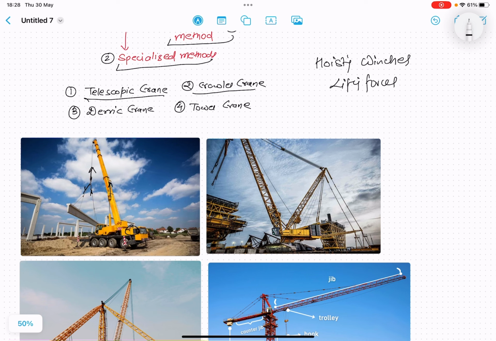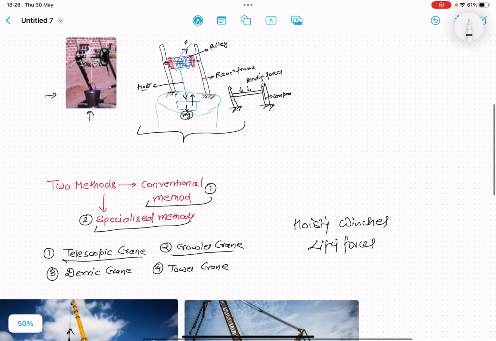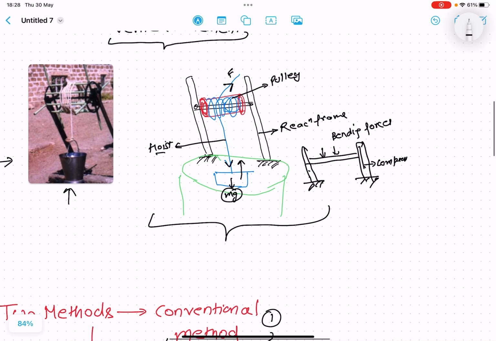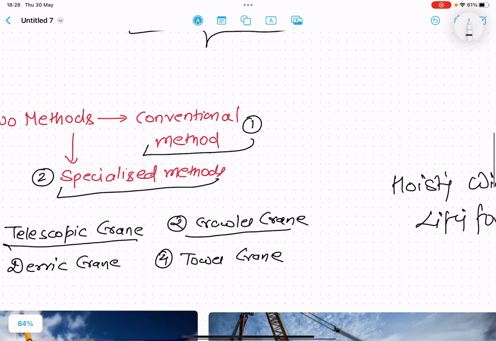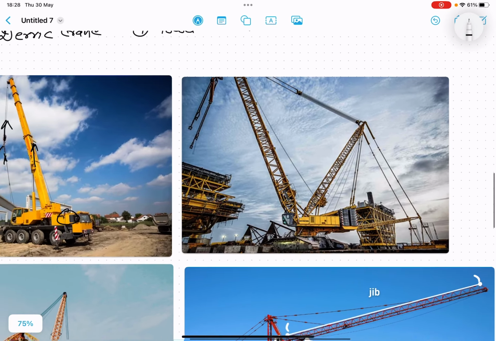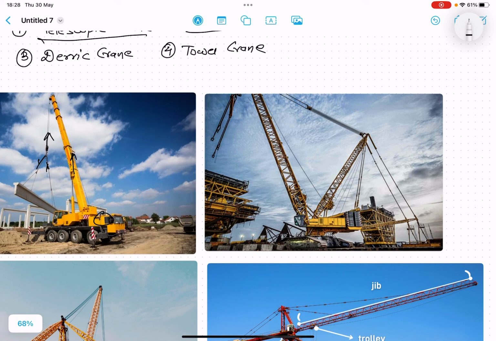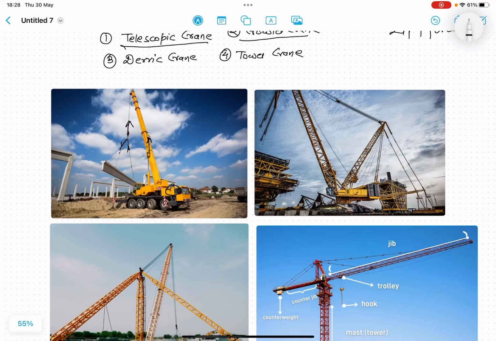The boom and mast act as a reaction frame and undergo compression, like the columns, and this lets the lifting system lift the load. The winch wire from which we lift up undergoes tension.